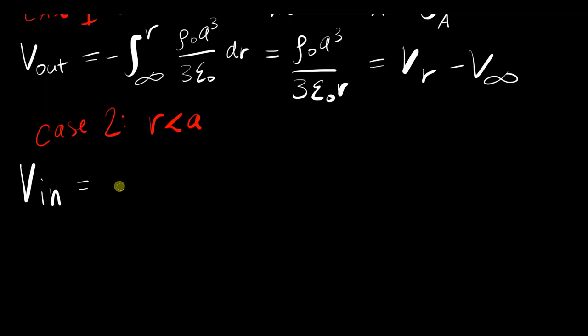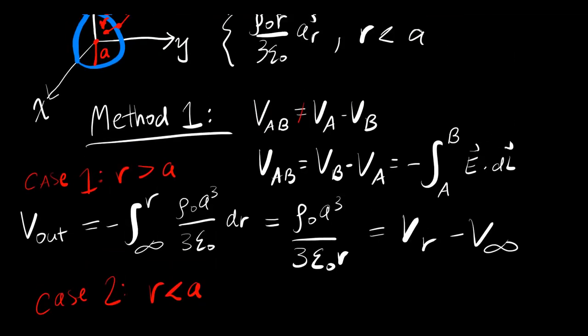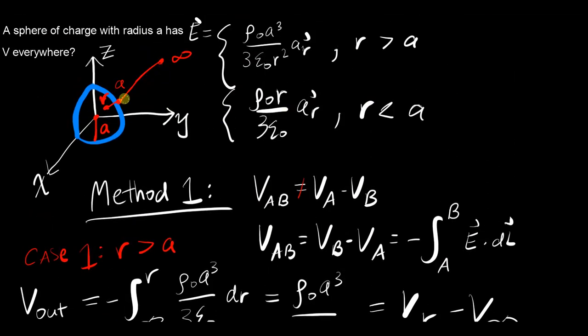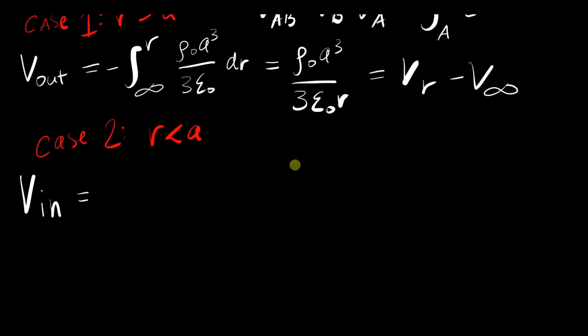The way they want you to do it from class is to start from the outside and go in, just like how we did for this part. So let's see what that would look like. You would have the potential from infinity now to a, instead of r, of the outer electric field, which would be this guy just above.